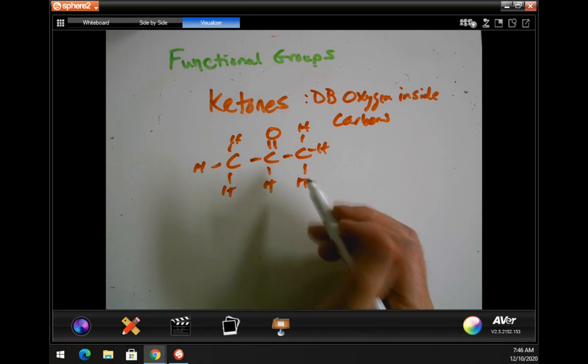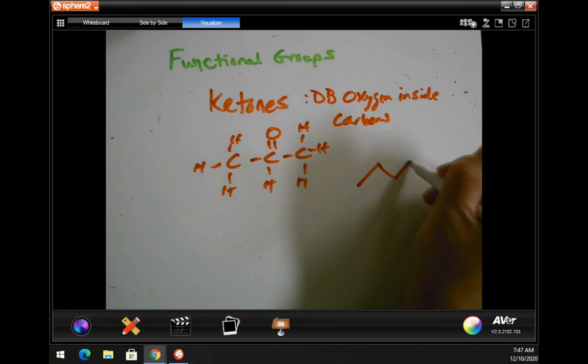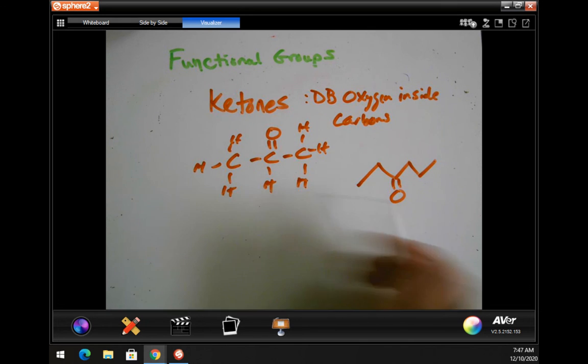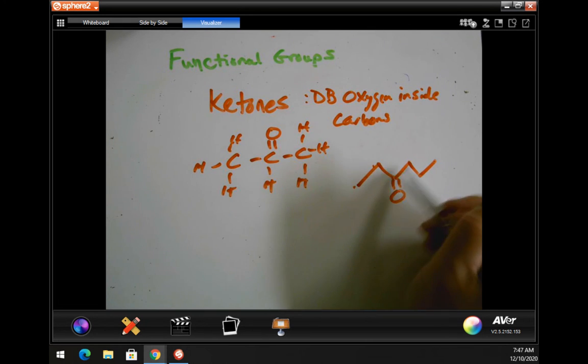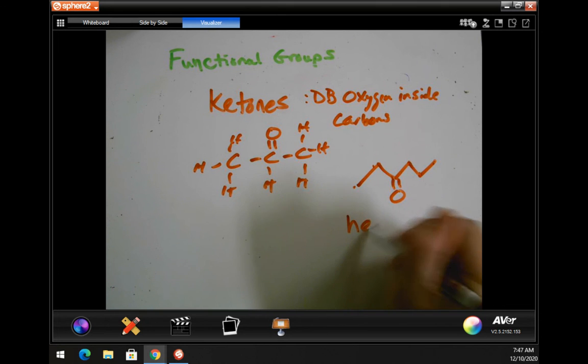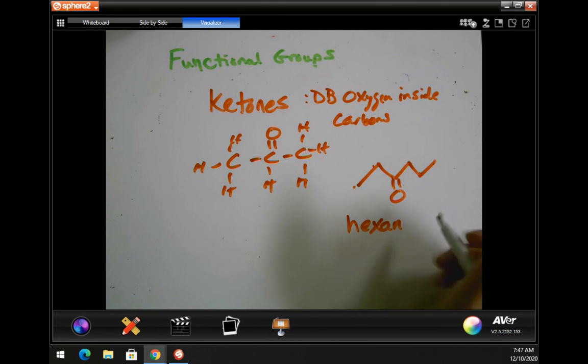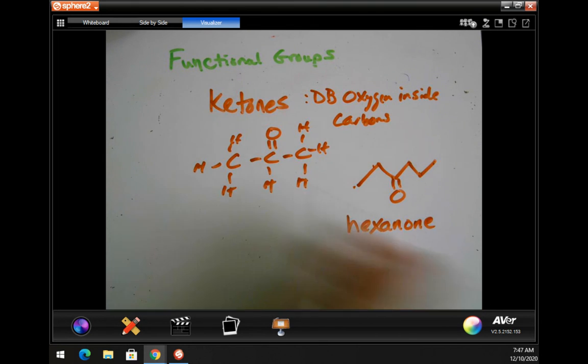So it might look something like that. That would be a ketone. And they're pretty easy to name too. All you do is name, in this case, 1, 2, 3, 4, 5, 6. This is a hexane, right? And then all you do is put hexanone.